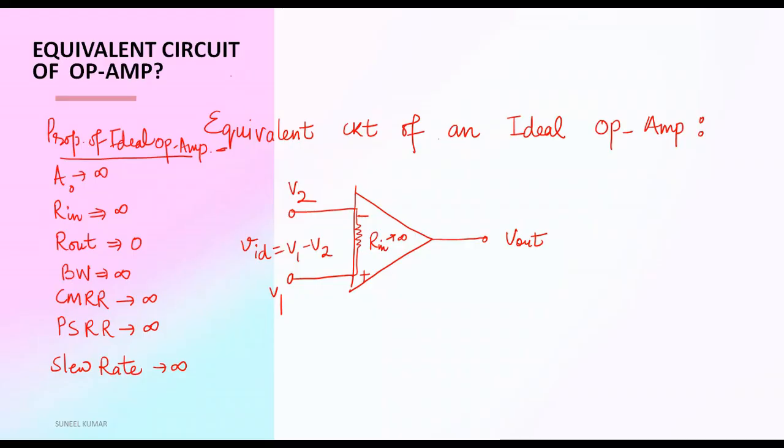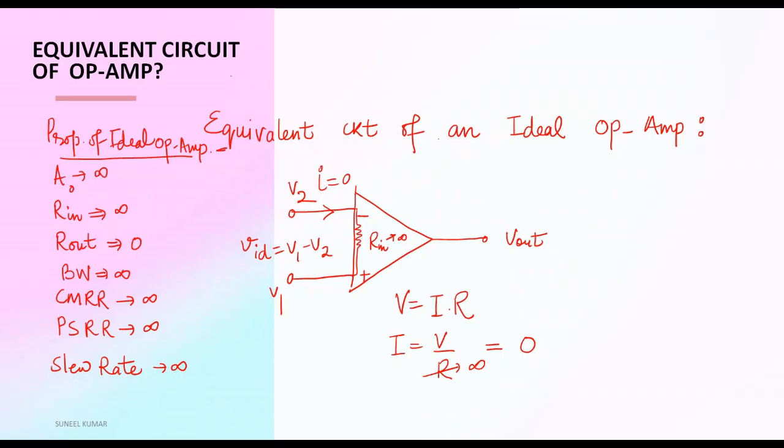So we can apply Ohm's law, V is equal to I into R, and here we have resistance as infinite. So I will become V divided by R. Since your resistance is infinite, the current becomes 0. That means no current will flow in this terminal.